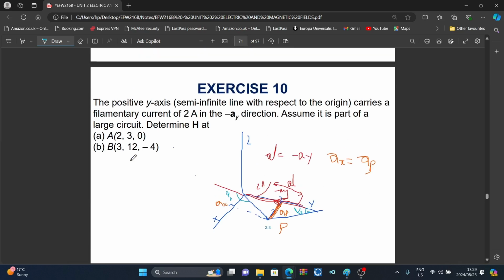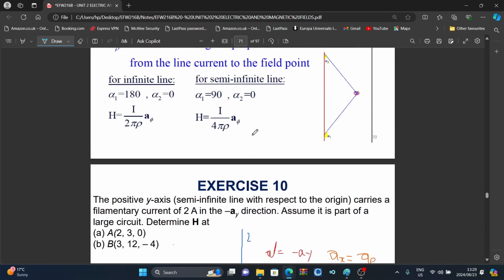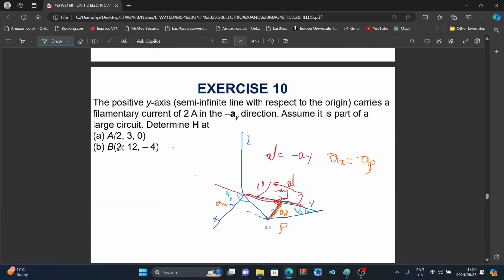So now let's start calculating. This is a semi-infinite line with respect to the origin, so we know our alpha 2 will be 0 because of this condition. So for number A, our alpha 2 is 0. Now we need to find the angle for alpha 1.